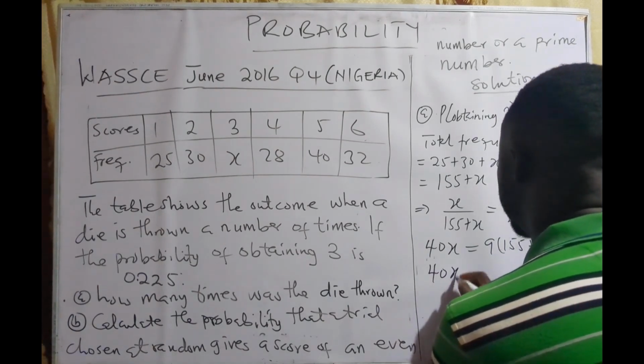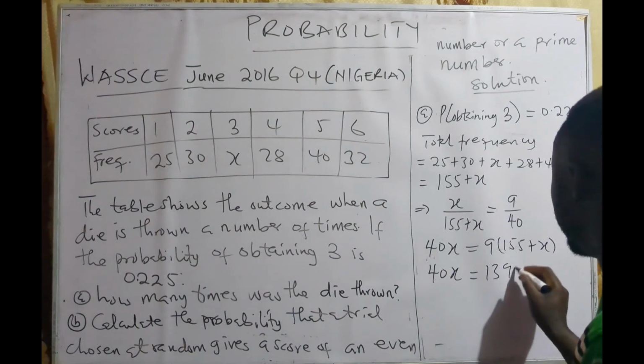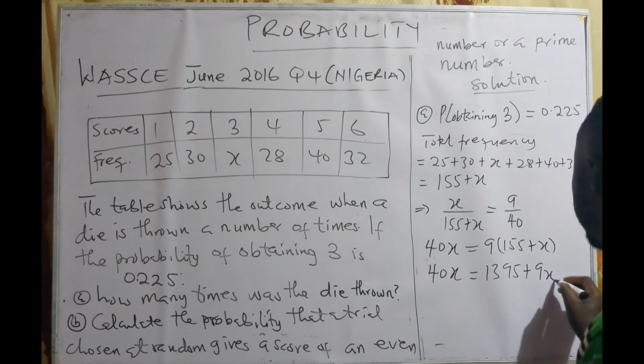So 40X is equal to, okay, so let's use the calculator and do our expansion. So 9 times 155 will give us 1395 plus 9X.